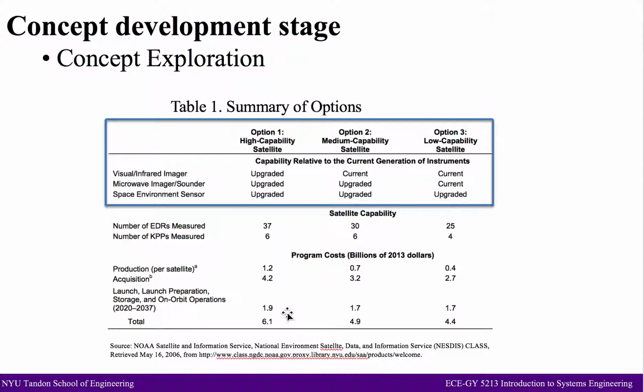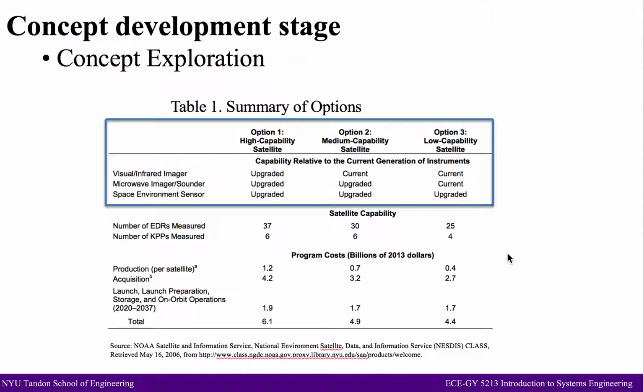The satellites for the second option would have less capability, measuring only 30 EDRs, but including all 6 KPPs. They would cost about 700 million for each satellite to produce. The total program acquisition cost would be about 3.2 billion.